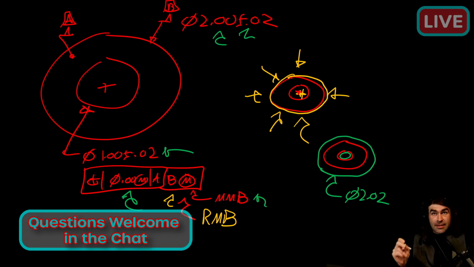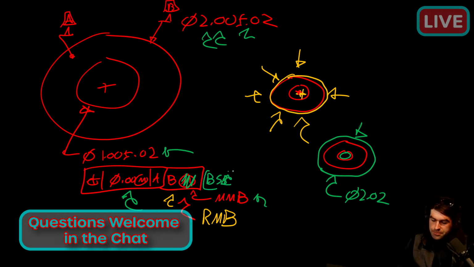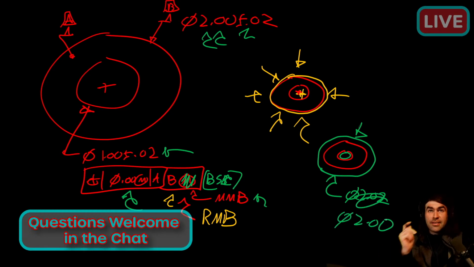Now, what the basic does is just set this at the basic dimension. I know this isn't literally basic, but I would take it the same. So set that to basic. Now we're just saying, hey, set it to a specific size.